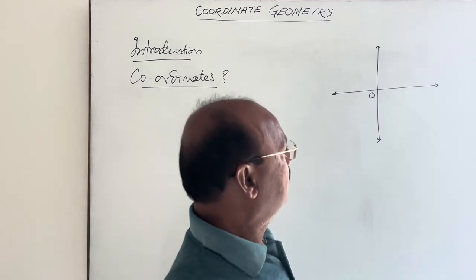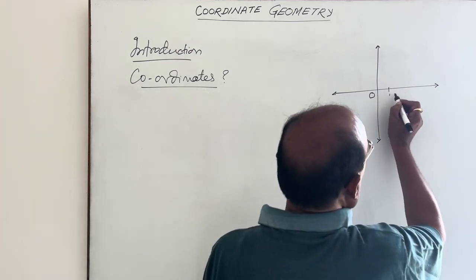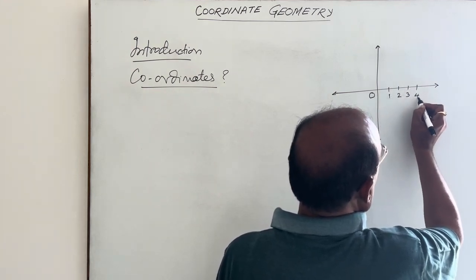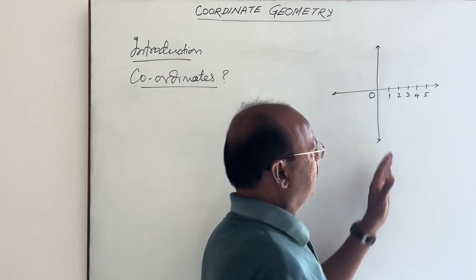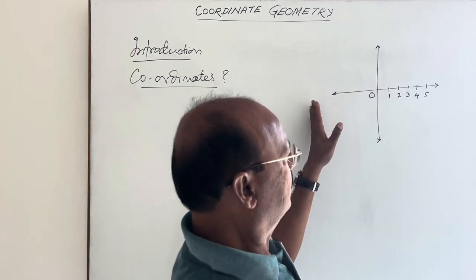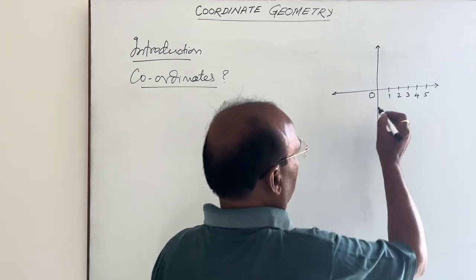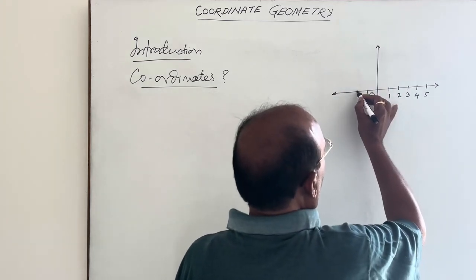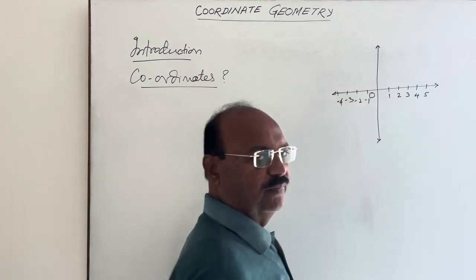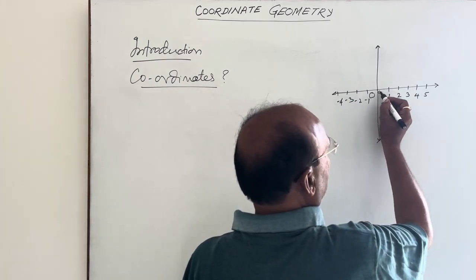Correct? And let us use some suitable scale for writing here 1, 2, 3, 4, 5 and so on at equal distances. And on the left side of the origin, these integers will be negative, -1, -2 and so on. So here -1, here -2, here -3, here -4 and so on. At this point, this is origin, at this point this is 0.